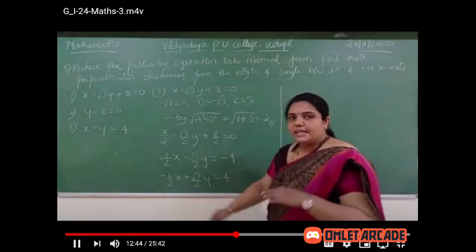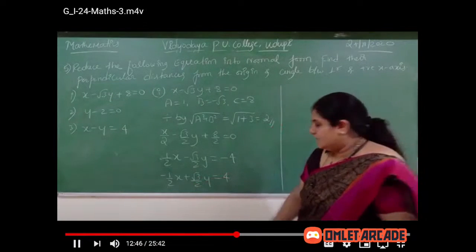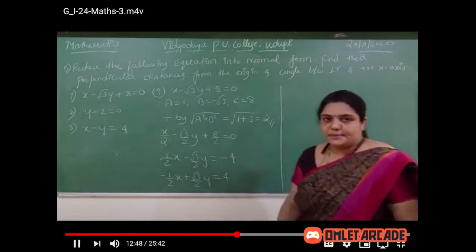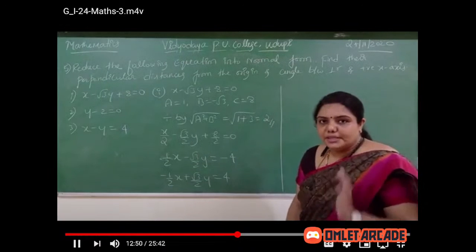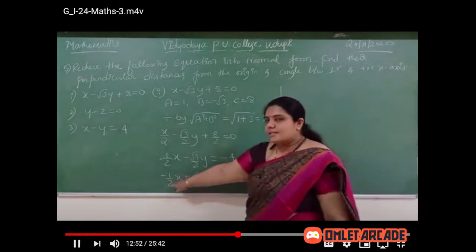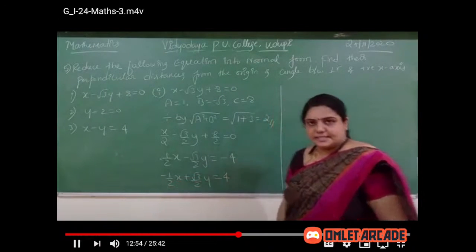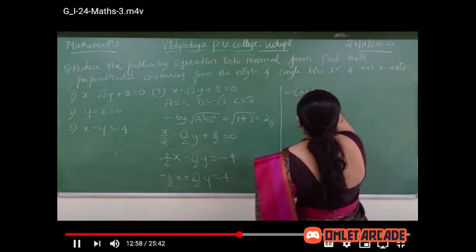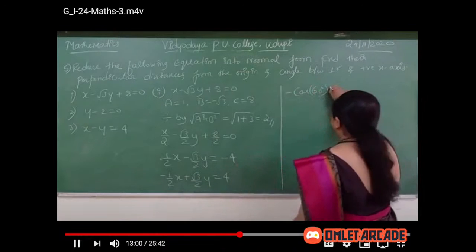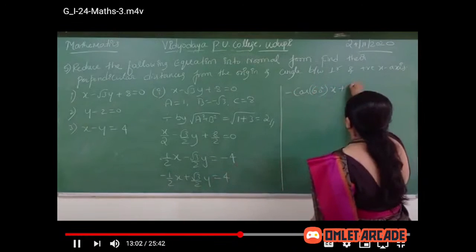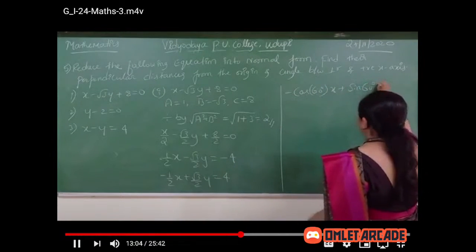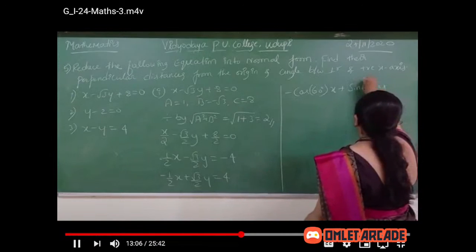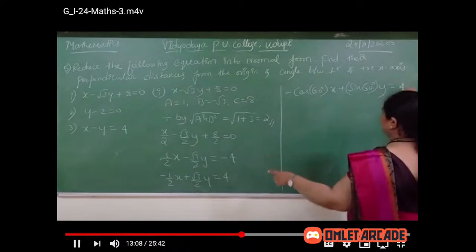I mean root 3 by 2y in sin, for which value will you get it? Is it for sin 60, students? Sin 60 is root 3 by 2. So this should also be what? Cos 60, isn't it? I mean, can I write the same equation as minus cos 60 into x plus sin 60 into y is equal to 4?